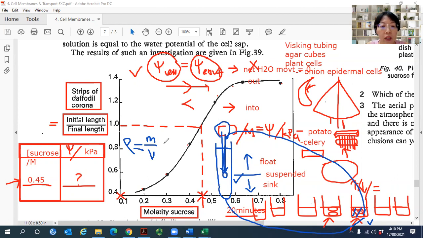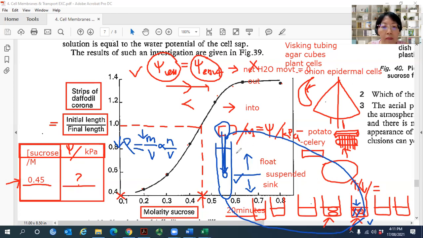Because concentration is actually number of moles per volume, right? And mole per volume is proportional to mass per volume, because mole is proportional to mass. So therefore, this is actually concentration. So when the concentration of this solution has decreased because it is diluted already, that means the density has decreased.